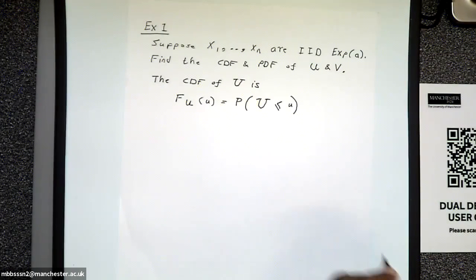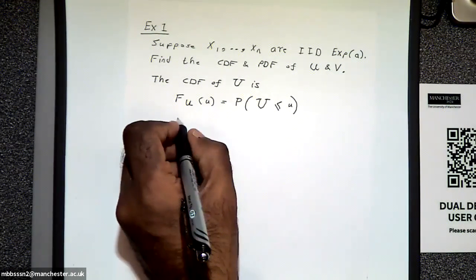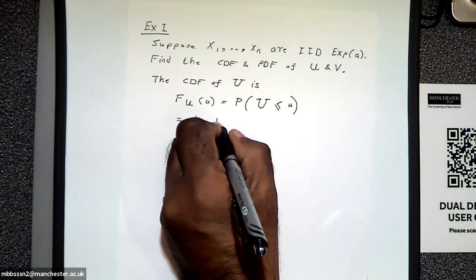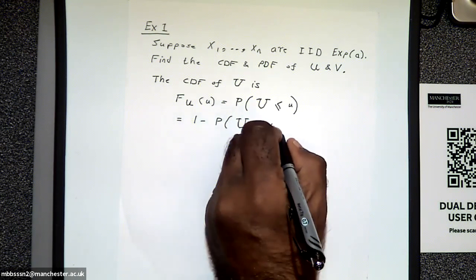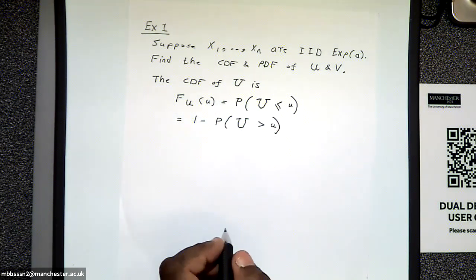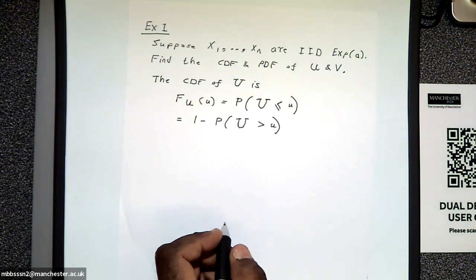Now, I'm going to write this as 1 minus the probability that capital U is greater than little u. The reason I'm doing that will become clear in a minute.